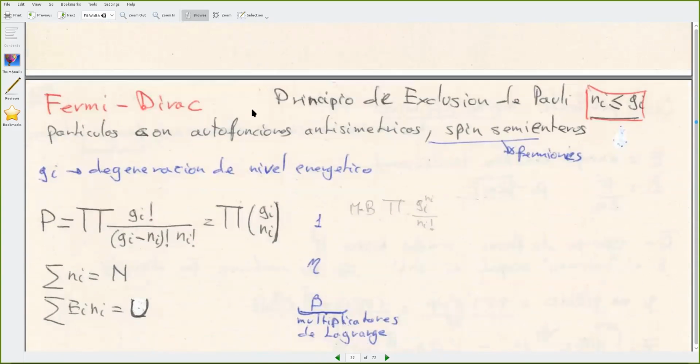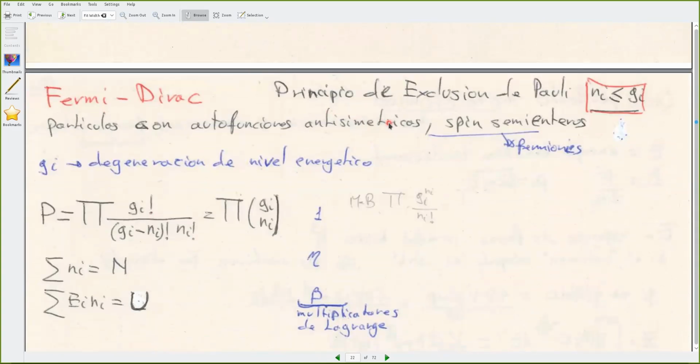Then there is the Fermi-Dirac, a distribution that follows the Pauli exclusion principle. In Maxwell-Boltzmann, you can put all the particles you want inside a state.